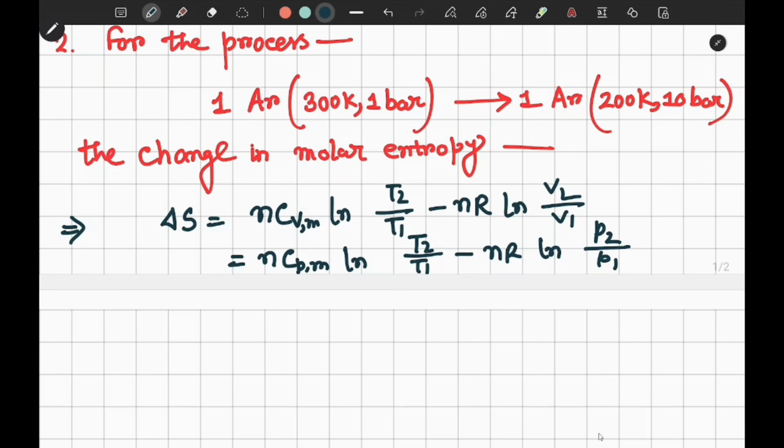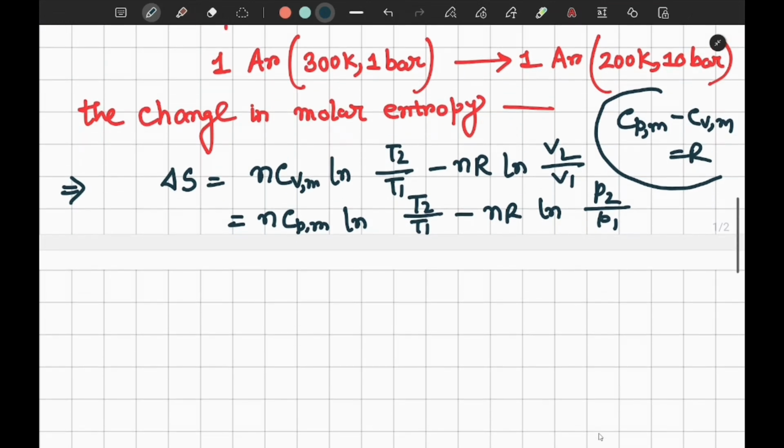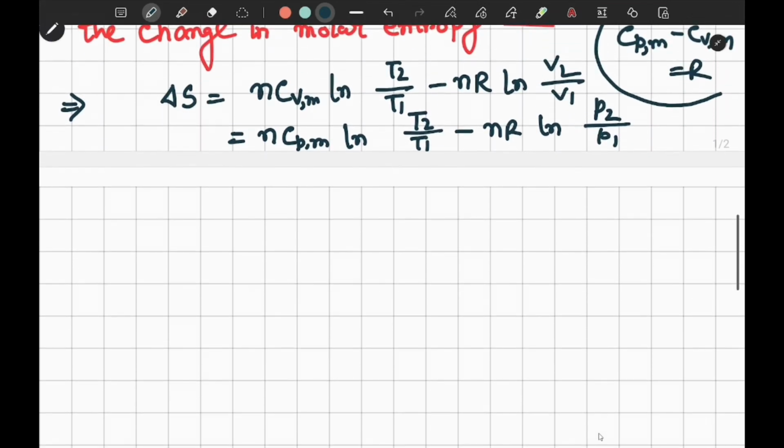I think the formula is correct. Or we can check it. How can you check it? Because you know for ideal gas, CPM minus CVM equals to R. This is for ideal gas. Okay, so now let me check whether it is correct or not, because there is a sign mismatch. It's better to remember, but currently I am not remembering.